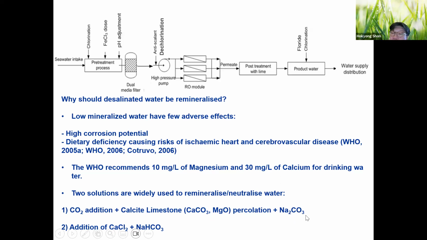And also you can put in sodium carbonate, which is a good mineral, so we can protect your pipeline. Also, it's good to have healthy minerals, magnesium and calcium, in your body. So that's why we want to put this in. And then calcium chloride and sodium bicarbonate are also useful for remineralization of the water.